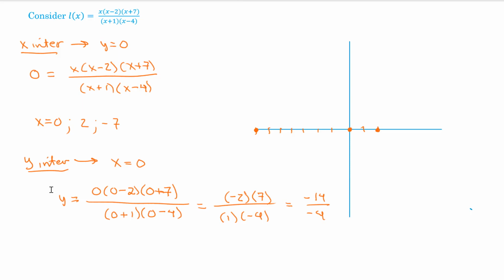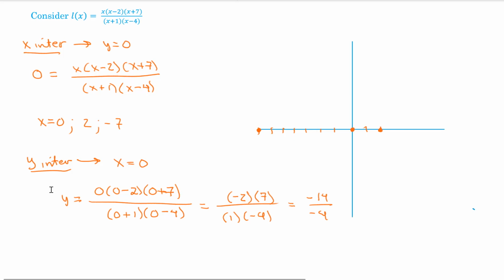So it could be that the y-intercept is at 7/2, which would be somewhere up here, 3.5. But, well, I didn't want to do that. But what I want to do here in this case is to also include this factor of 0 in the numerator, which is going to give me 0 in the numerator over negative 4, which is just 0.